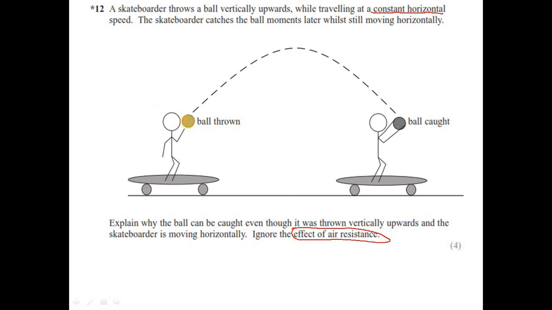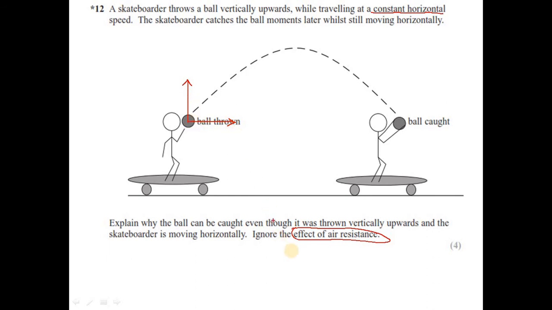Meaning, at the time when the ball is thrown upward, the ball also has a horizontal velocity, and this horizontal velocity of the ball is the same as that of the skateboarder. So the horizontal motion and the vertical motion are independent. They don't affect one another.